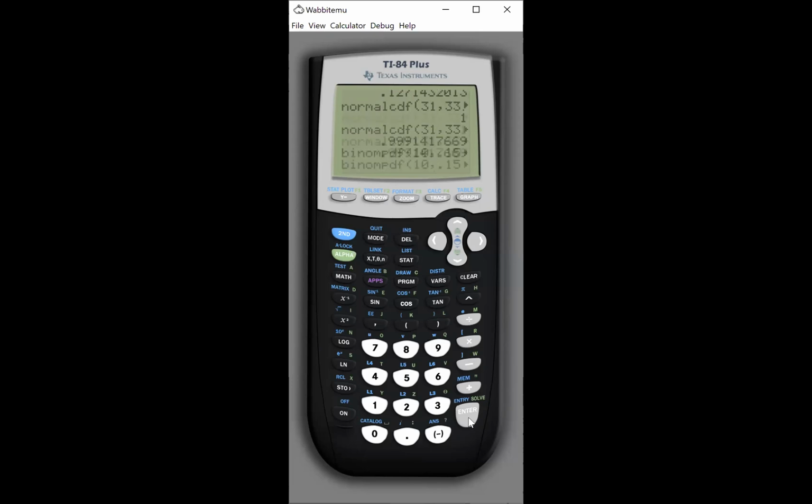You go to paste, and you get your answer, 0.3474. And that's it on the TI-84.